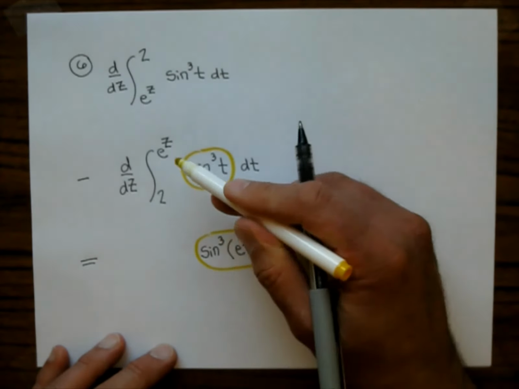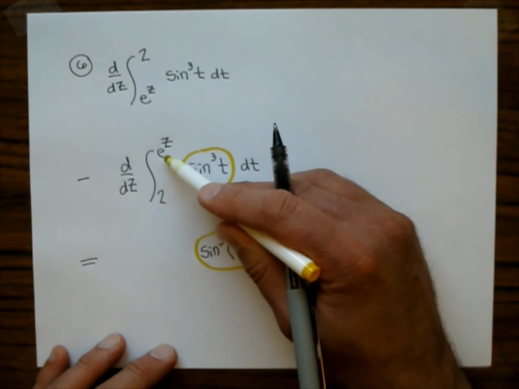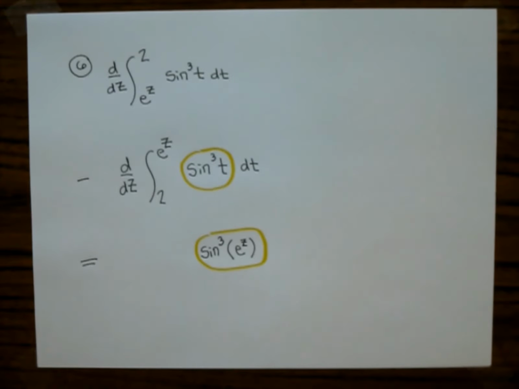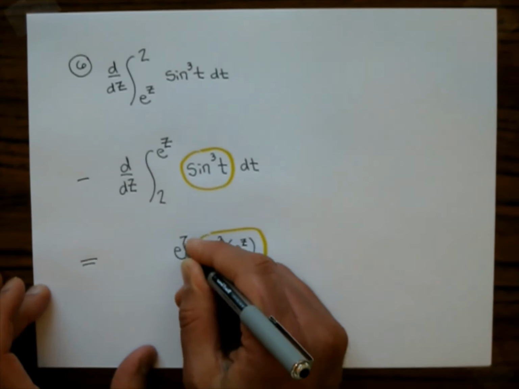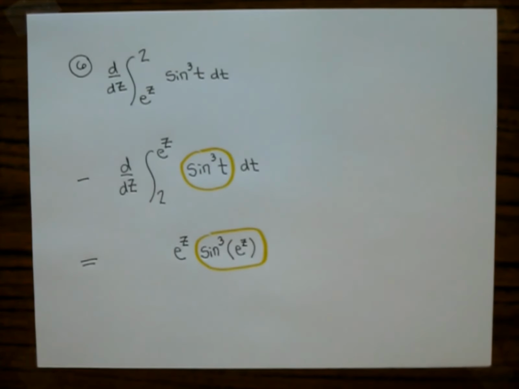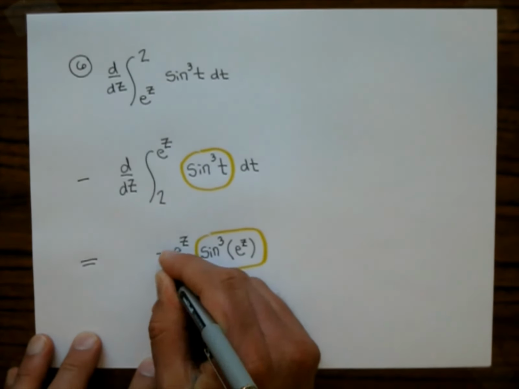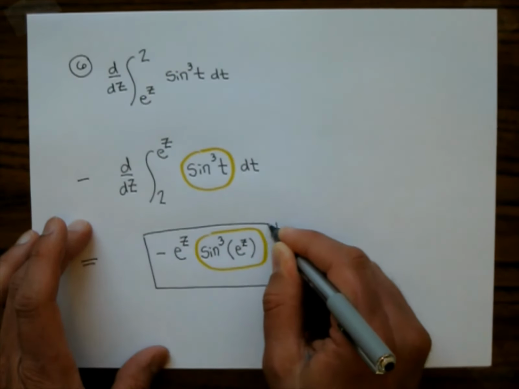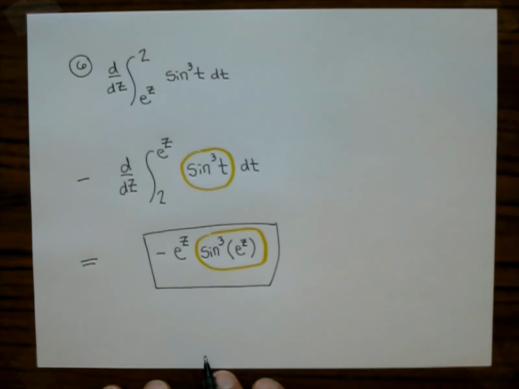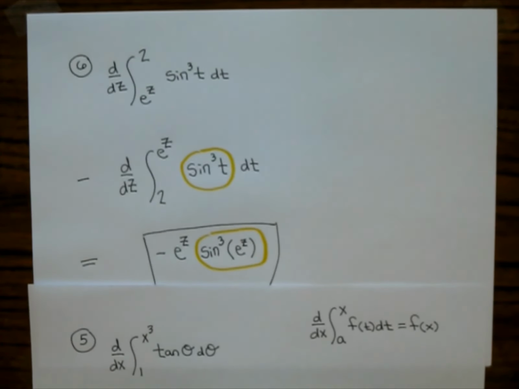Now, because it wasn't just a z there, I have to do the chain rule when I'm doing this, so I got to remember to put an e to the z there. And then, don't forget your negative sign. And so that is the answer. Now I know that we've had this theorem that we're using.